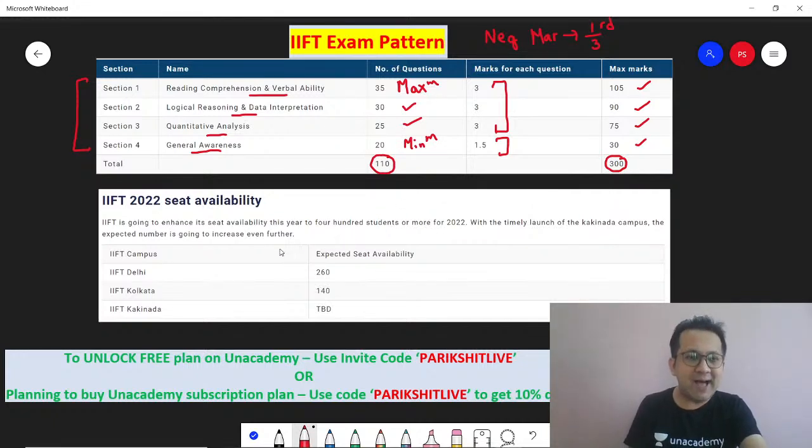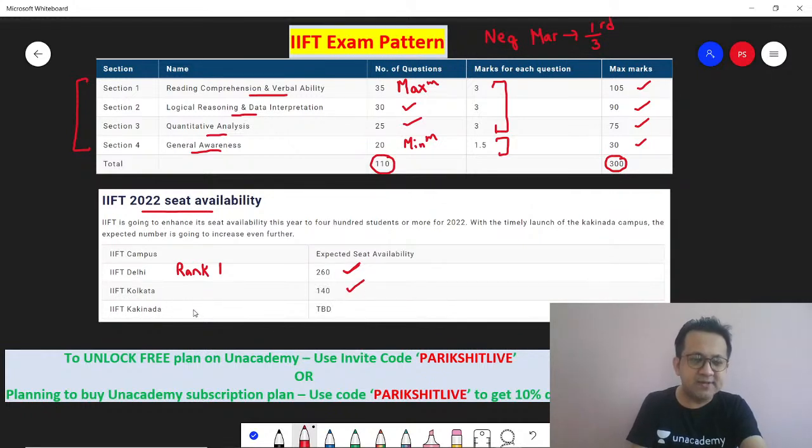Now let's look at the IIFT 2022 seat availability. As I said, you have to fill up your preferences while filling up the IIFT form. The best among these, rank 1 among all the IIFTs, is definitely IIFT Delhi with 260 seats available for grabs in the coming year. IIFT Kolkata, 140 seats.